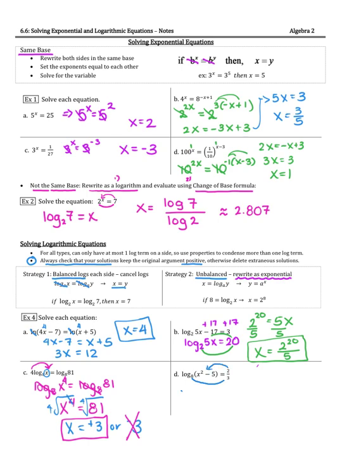So we start off with 8 to the 2/3 equals x squared minus 5. And if you remember from chapter 5, the bottom number represents the cubed root of 8. So the cubed root of 8 is 2, and 2 squared is 4. So we have 4 equals x squared minus 5. So then adding 5 to both sides gives me x squared equals 9.